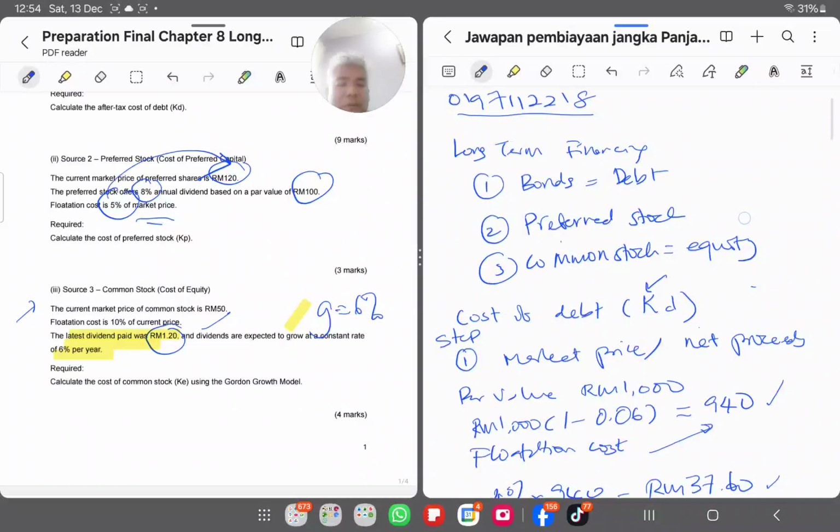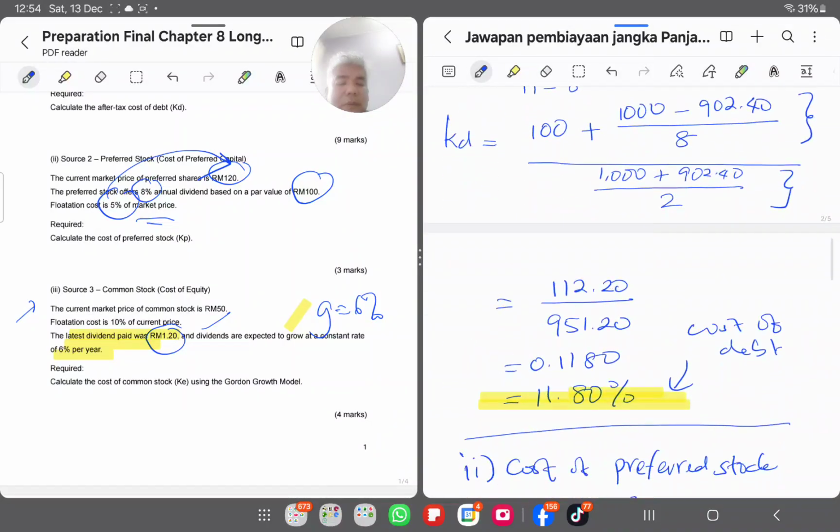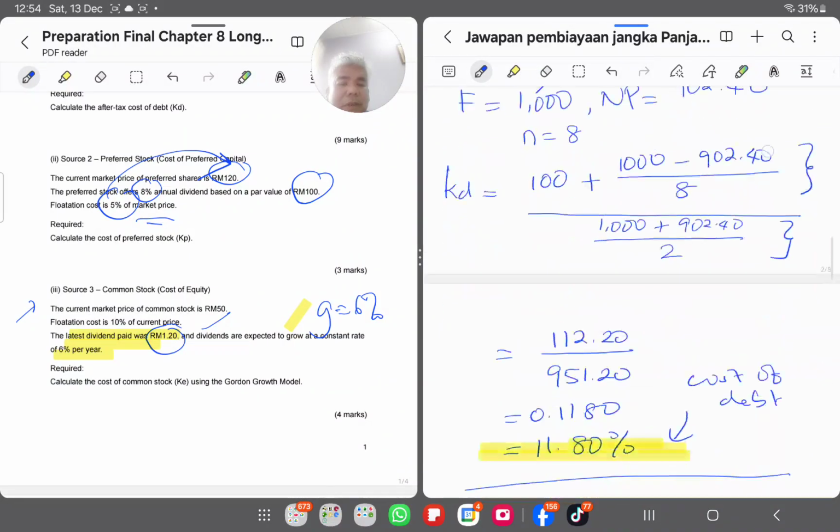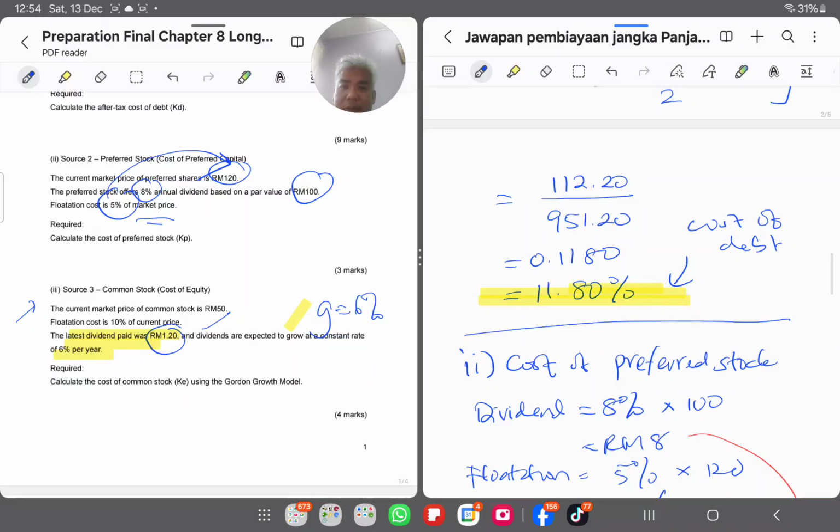Okay, you can list down, and the highest is cost of debt at 11.8%. So just remember the formula, the steps, and how to calculate the cost of long-term financing that involves cost of debt, cost of preferred stock, and cost of common stock, with different steps and different formulas.